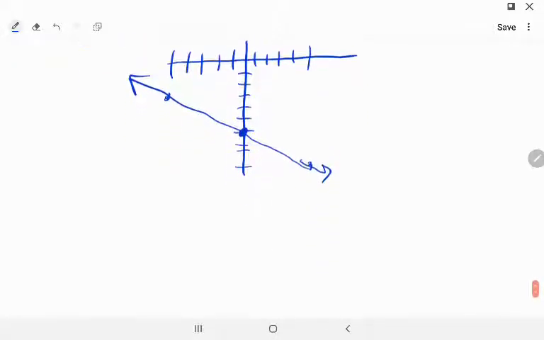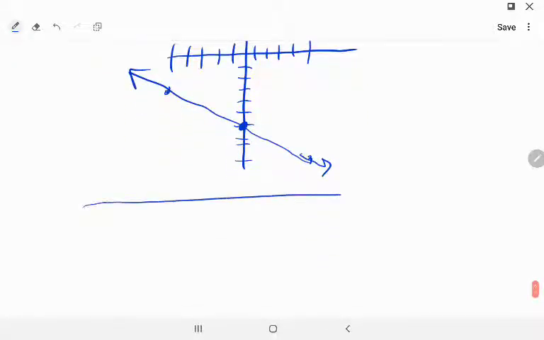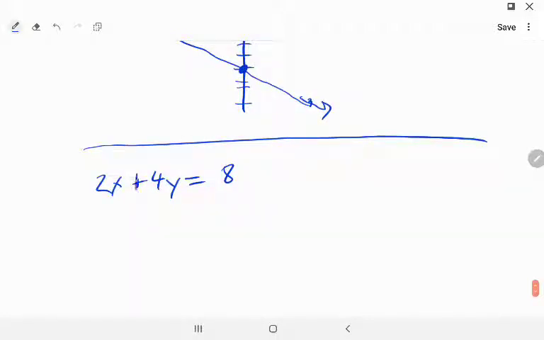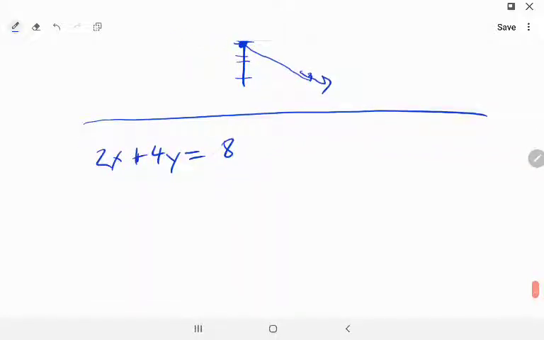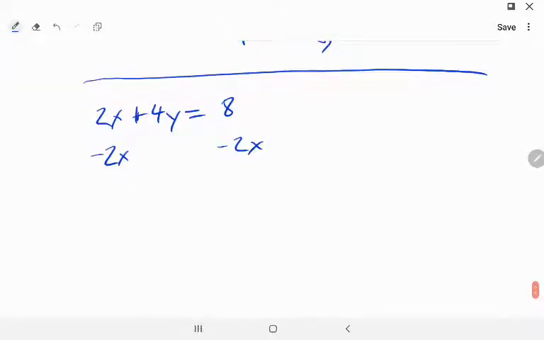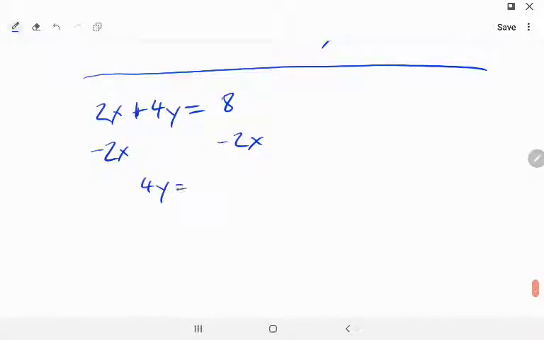If we're not given the equation in slope-intercept form right away, we notice that, as we saw in that previous example, if we had 2x plus 4y equals, let's make it 8, we can always solve for y. We can subtract 2x from both sides. We get 4y equals negative 2x plus 8.